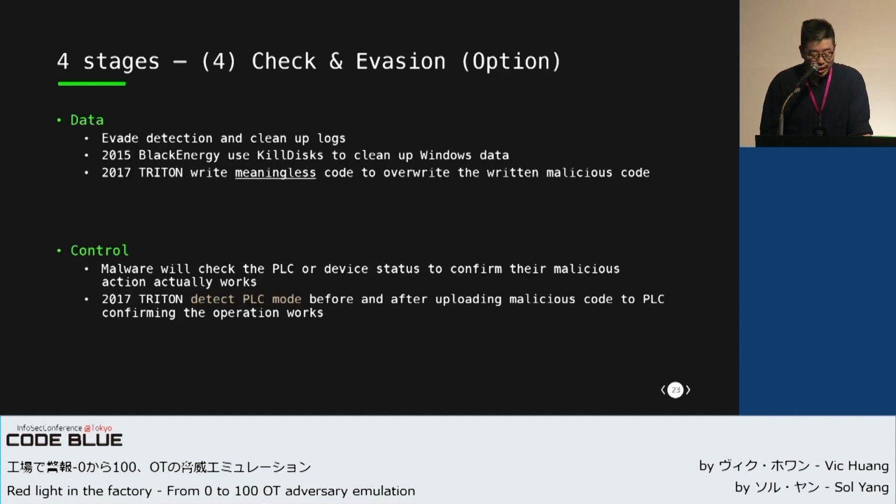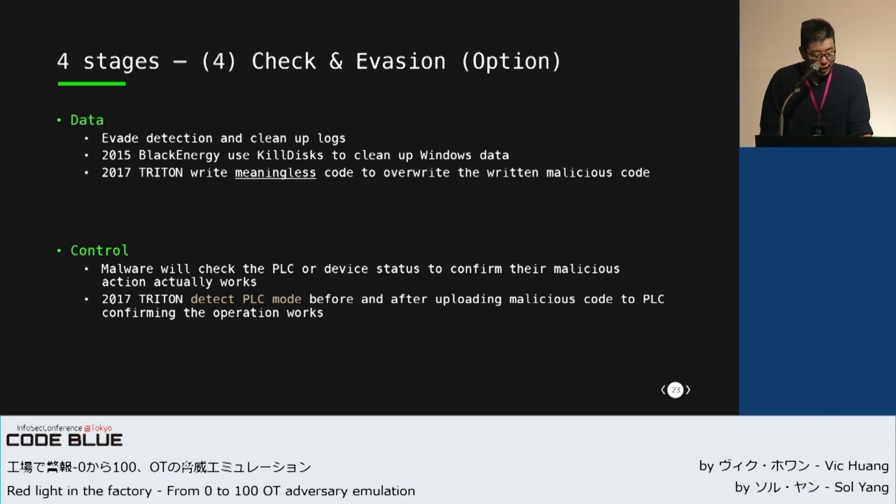And the last stage is check and evasion. So attackers might try to check the device status to make sure the attack succeeded, or try to hide the fingerprint from the defenders.